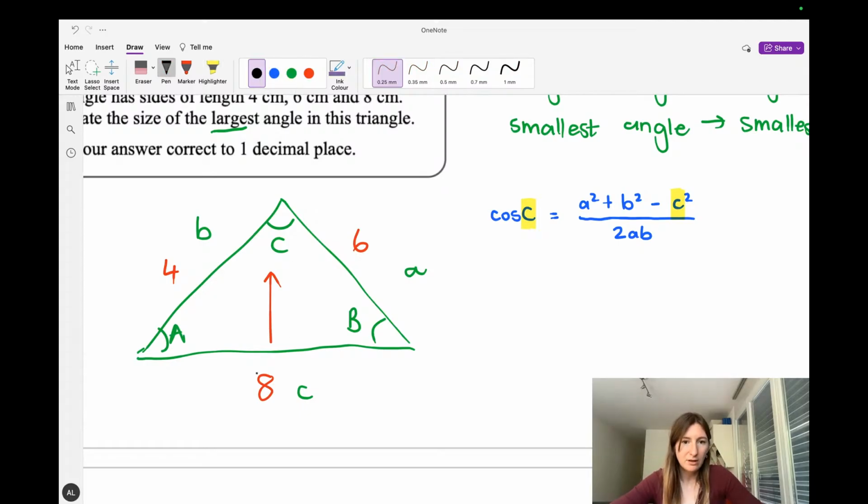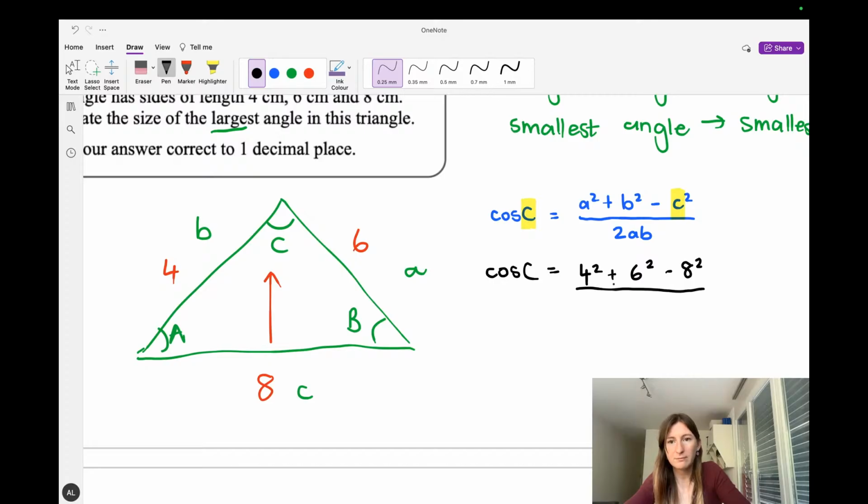Indeed, we have the largest side 8, so we're finding the opposite side C, so that's all good. So cos C, what we're trying to find, A squared. Now, our A and B in this, the order doesn't matter for them because we're just adding them and multiplying them. When you add and multiply something, the order doesn't matter, but when you subtract something, it does. So our order of A and B doesn't matter. So we have 4 squared plus 6 squared minus 8 squared all over 4 times 6.